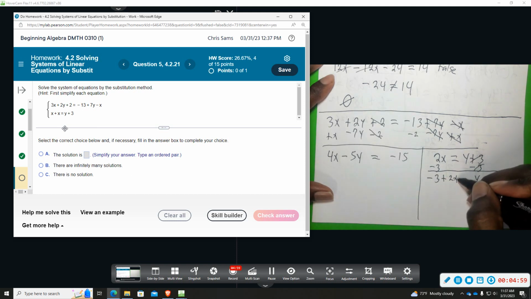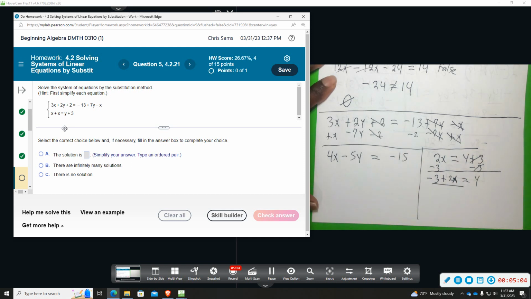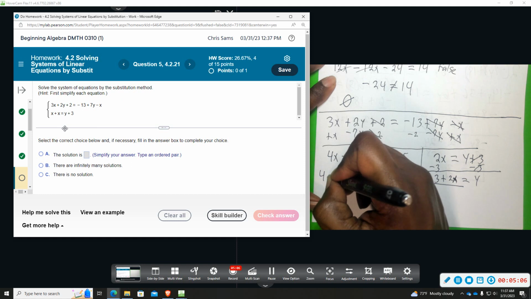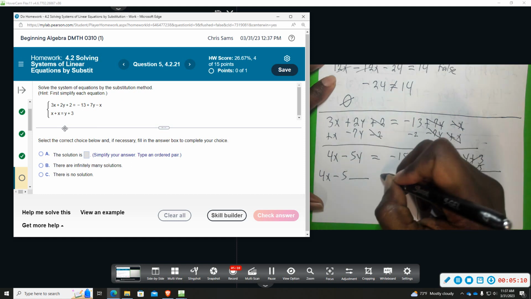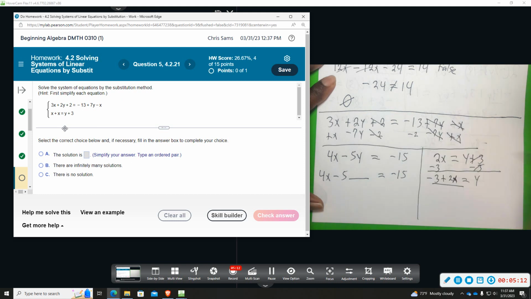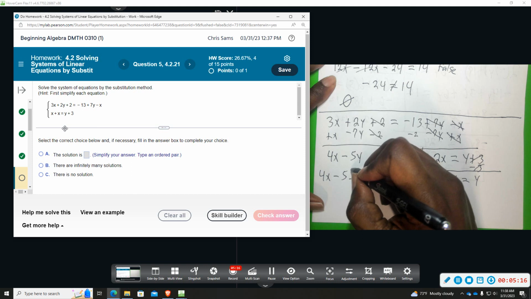So this is what y is equal to. I'm going to substitute that in for y over here. So I'm going to have 4x minus 5y equals negative 15. Y is equal to 2x minus 3.